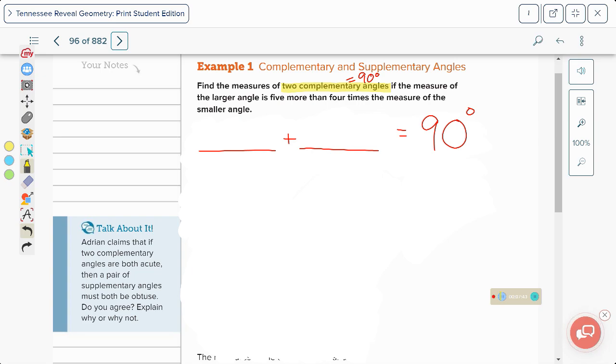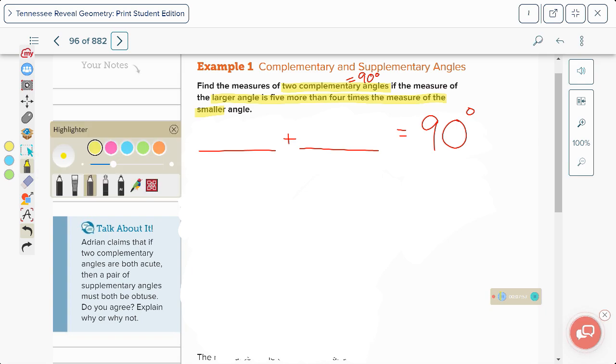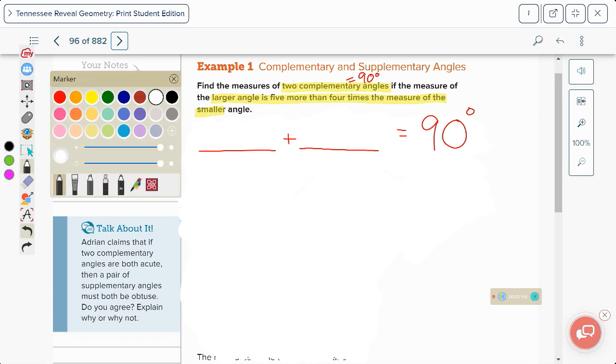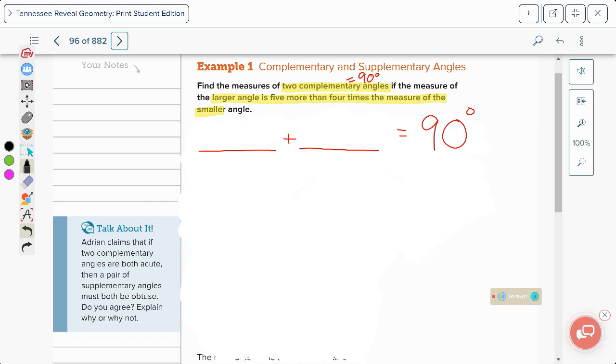Now, let's move on. It says the measure of the larger angle is 5 more than 4 times the measure of the smaller, okay? So what's happening here is we have to create a representation of both the larger angle and the smaller angle, okay?